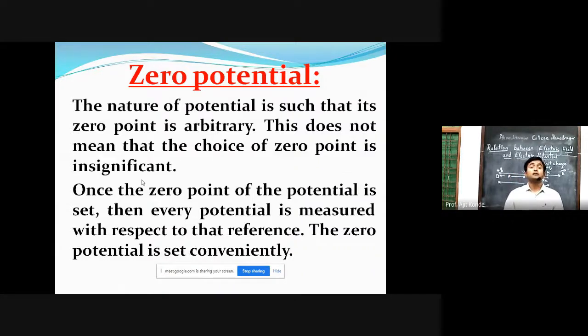That will be earth. If we have electrical circuits, then zero potential will be treated as earth. Earthing. Once the 0 point of the potential is set, then every potential is measured with respect to that reference, and the zero potential is set for convenience.